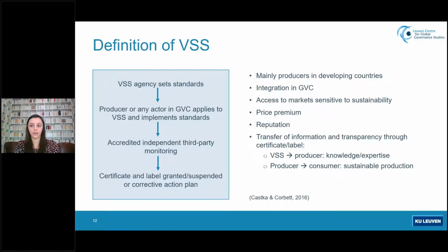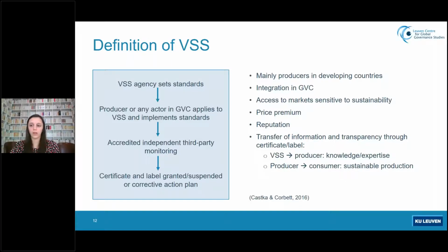And the advantage is that it can result in an increase in productivity and maybe also a decrease in production costs. The reason for that is that VSS agencies often support VSS adopters about how to implement the standards, but of course not all VSS agencies do that, but some do.